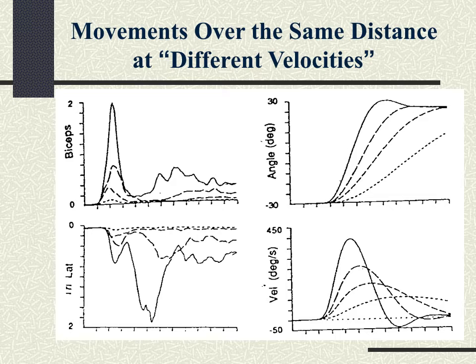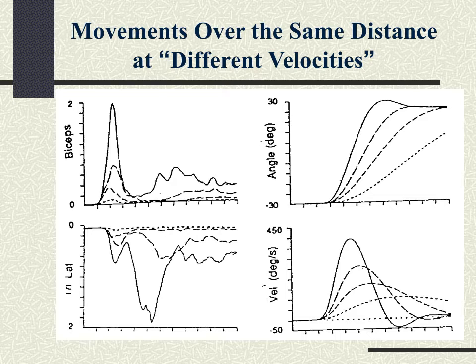Also, there's a decrease in the delay before the antagonist burst. And there's also an increase in the antagonist burst peak amplitude as well as area. All right, so you can see that there are some specific characteristics that are common with movements over the same distance, but just at different velocities.